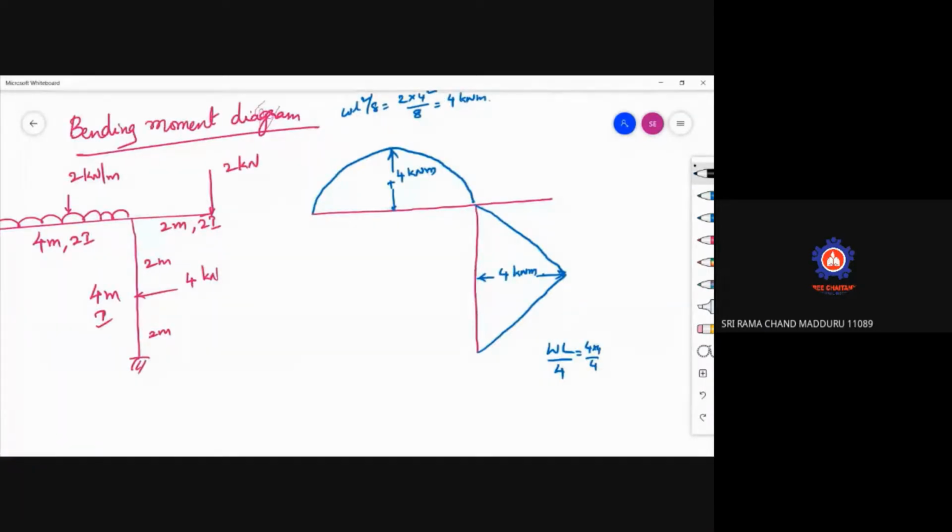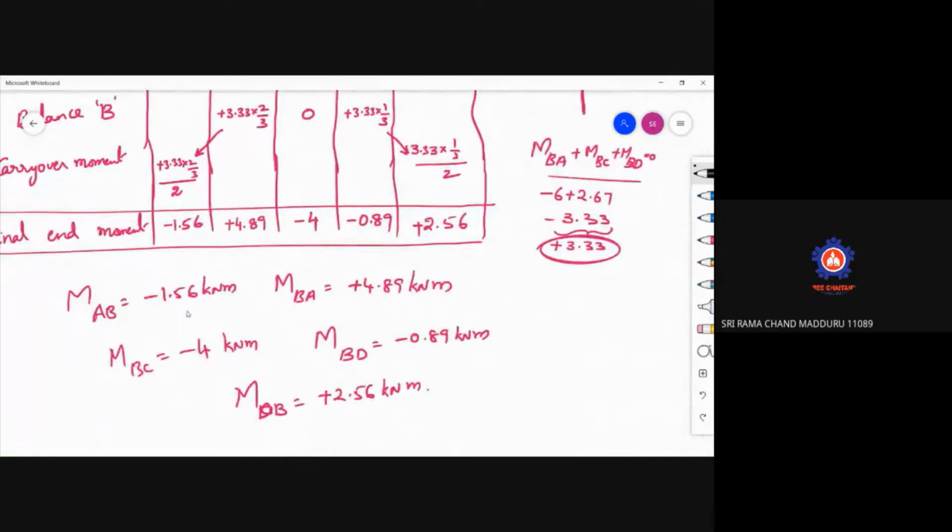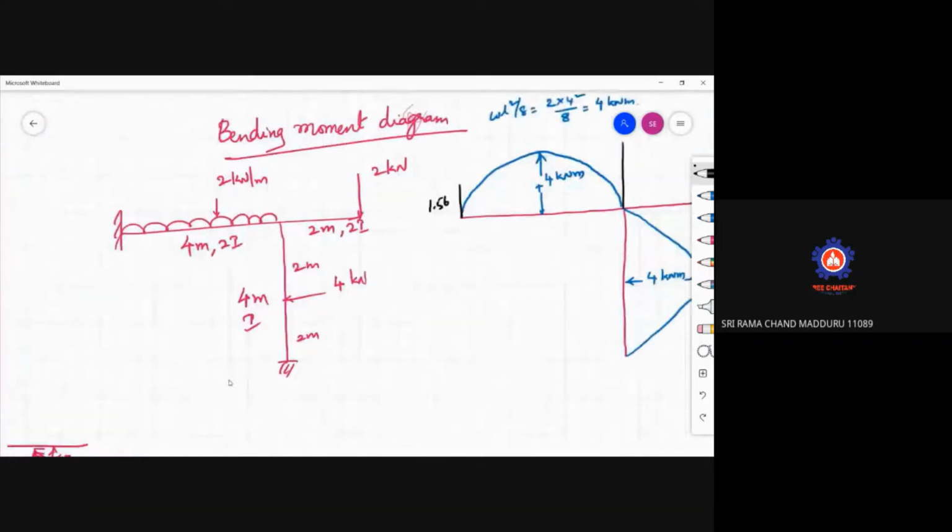Now afterwards, this is the positive bending moment diagram. Over this positive bending moment diagram, we have to draw the negative bending moment. So this is 1.56 kilonewton meter, and here it is 4.89 kilonewton meter. Why? Because MAB, you can see the final end moment is 1.56 kilonewton meter, and this is 4.89 kilonewton meter.